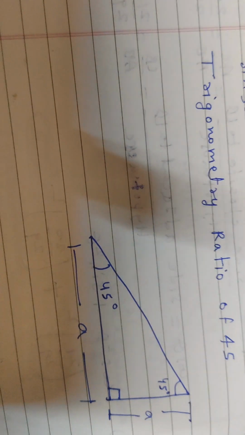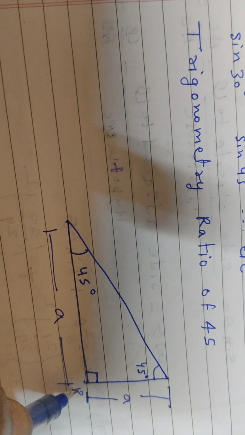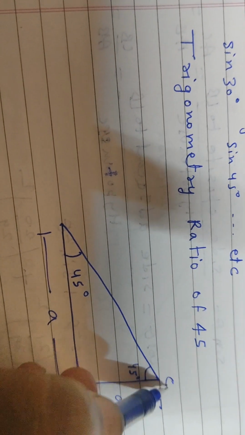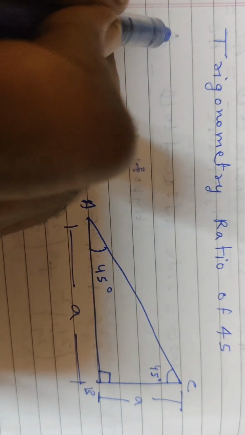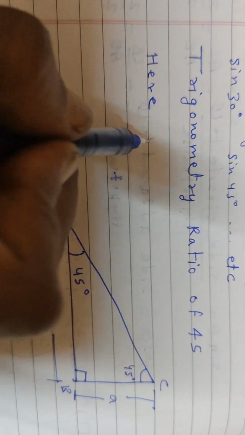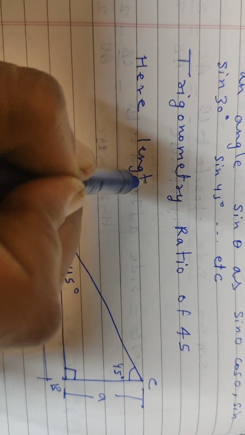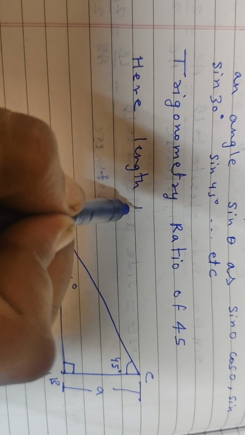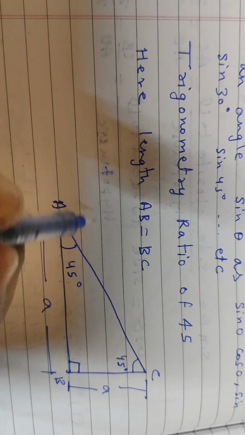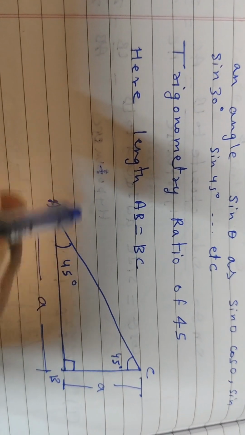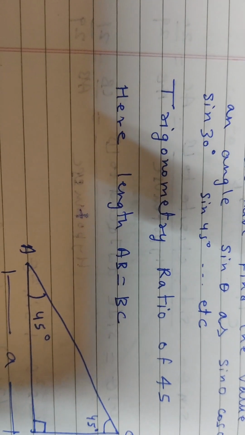Here the vertices are B, C and A. Our length AB is equal to BC.